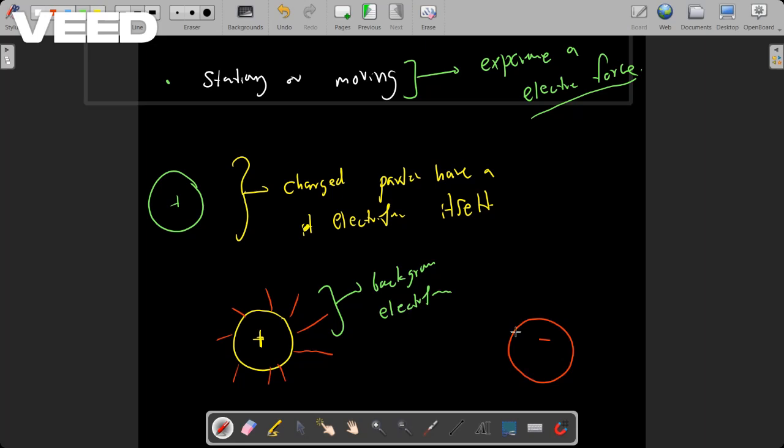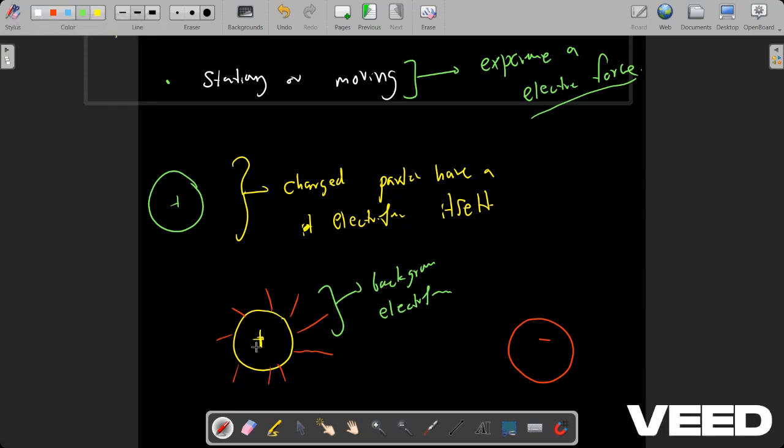Now this charged particle, because of its charge, this background electric field created by the positive charge is creating a force on this particle. Because of the electric field created by the other particle in the background, on this particle there's an unbalanced electric force.